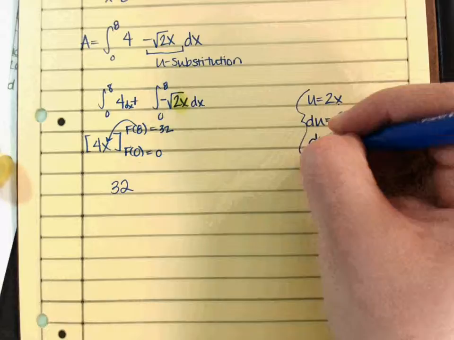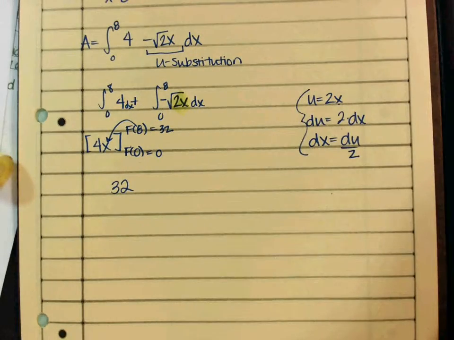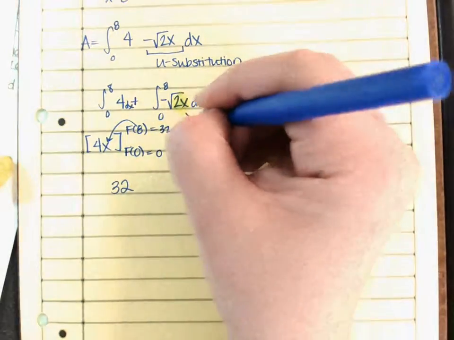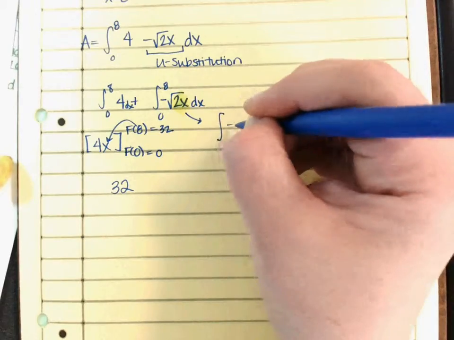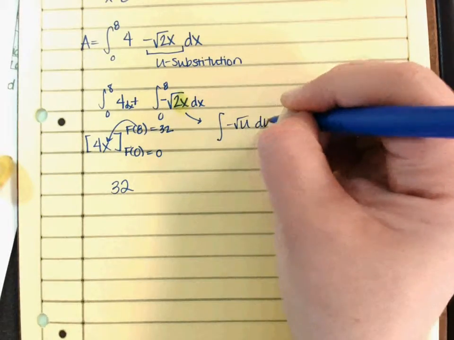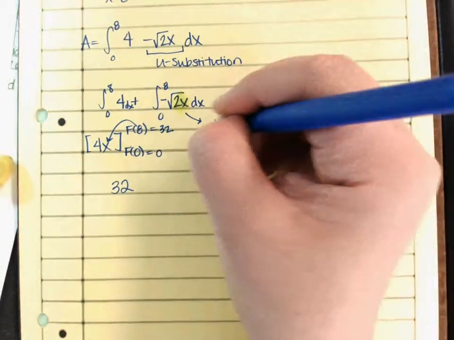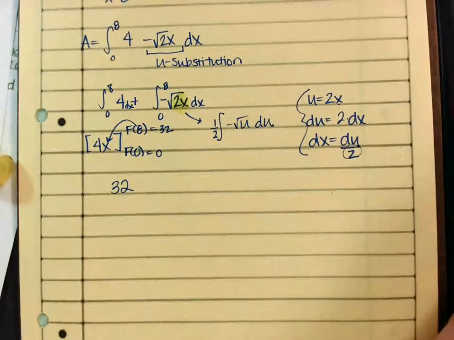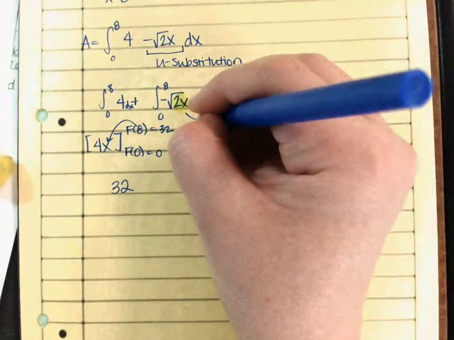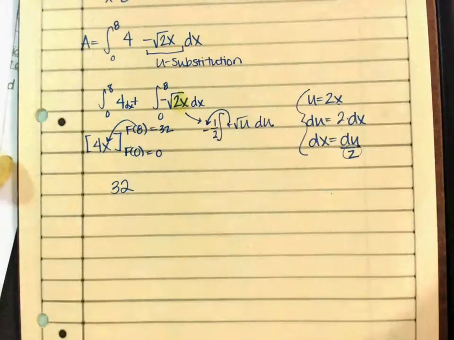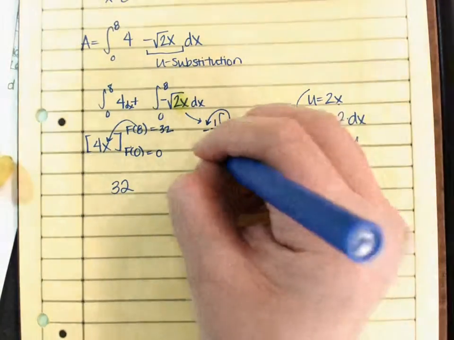So all of that, hopefully you remember how to do from when we learned u sub. So when I rewrite my integral, it's going to be the integral of negative square root u du. And then instead of putting my over 2 on the inside, I'm going to put a half on the outside. And then really, actually, I'm going to put the negative out here as well. Now, there's one other thing I'm going to have to do on that.